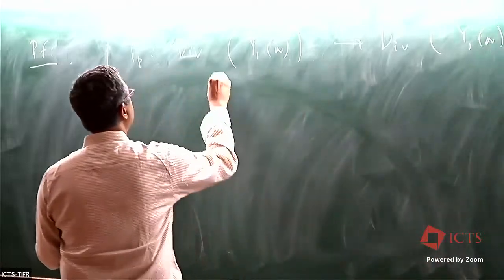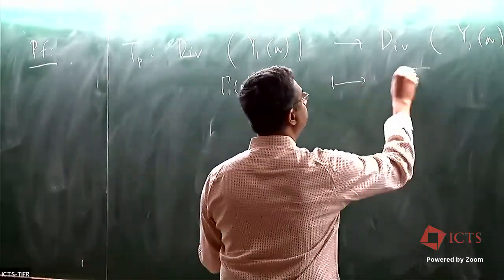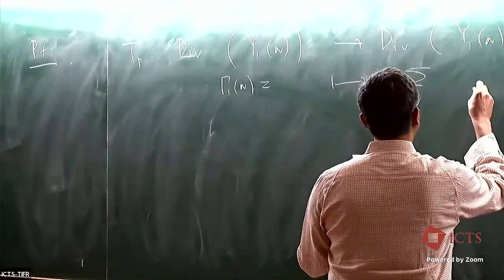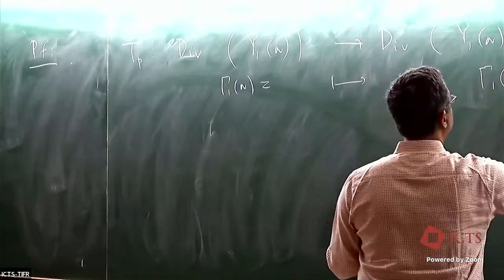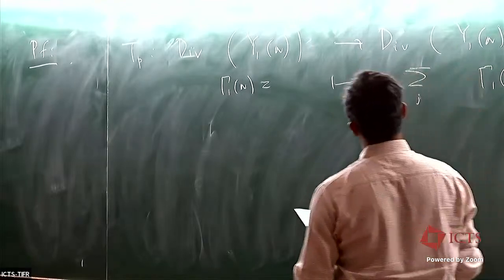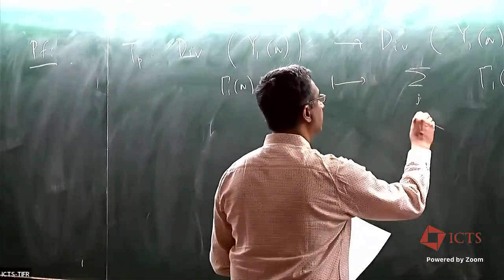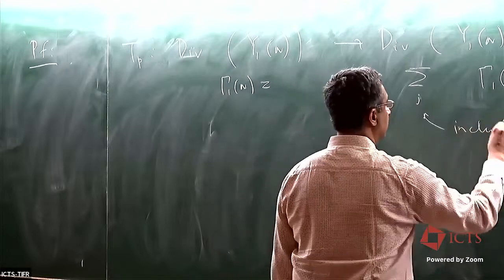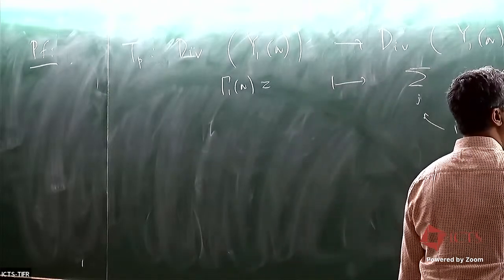We had Gamma_1(N) tau going to a formal sum with coefficient 1, of Gamma_1(N) theta_j tau. I'm including j equals infinity in there, including j equals infinity when p does not divide N.